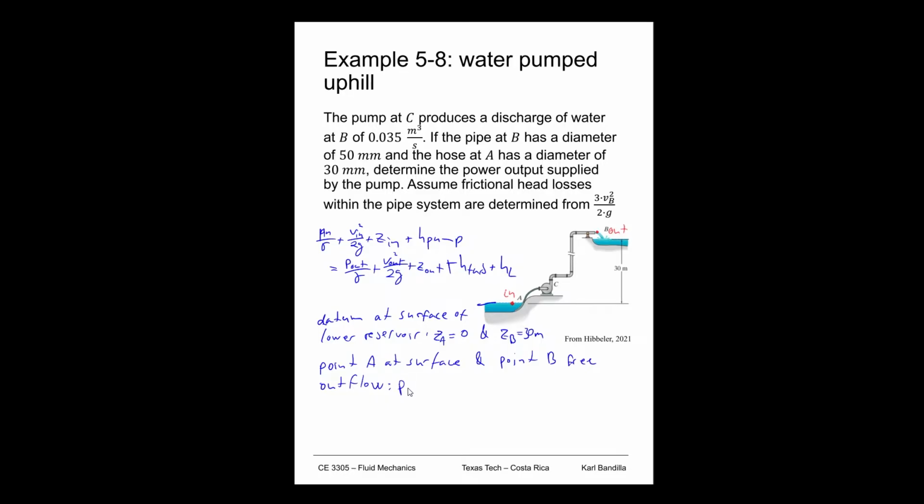Right, so we know P_A equal to P_B equal to 0. All right, that's all good. How about the velocities?